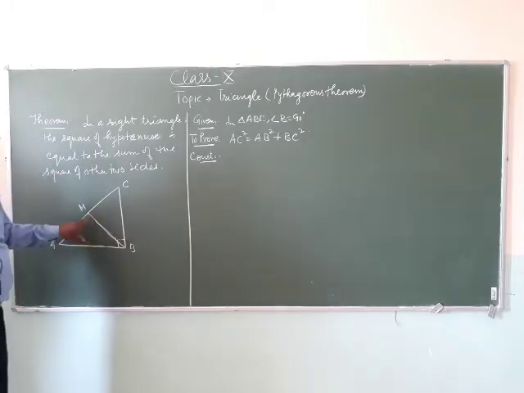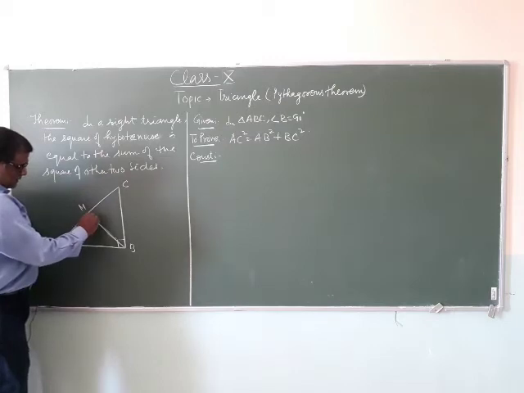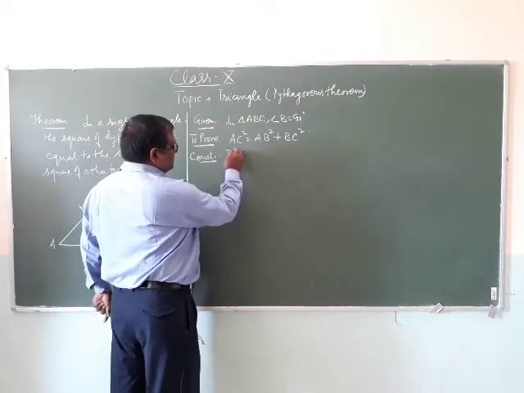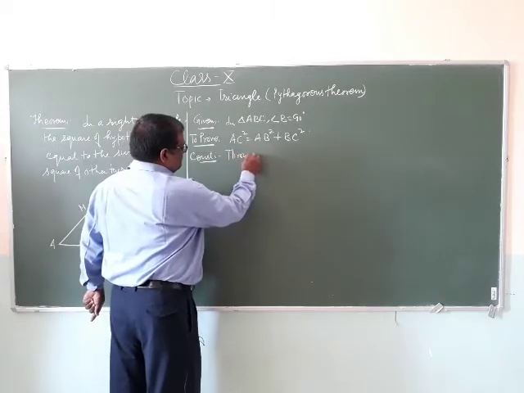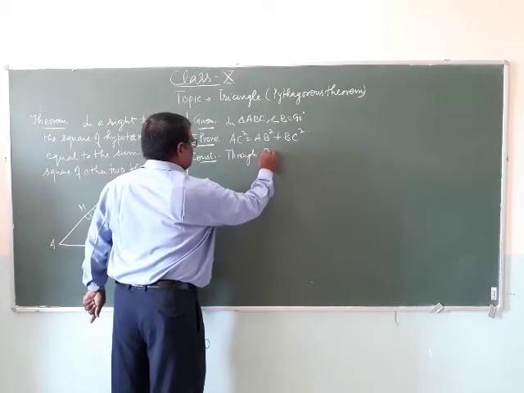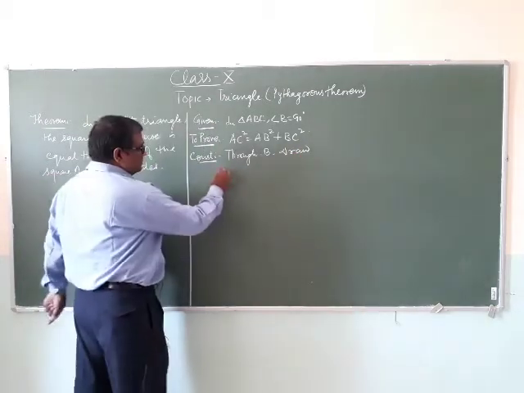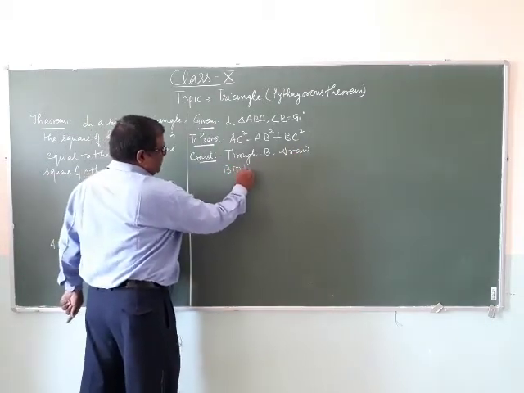That is, draw BM perpendicular on AC. This is 90 degrees and it is drawn through B. Draw BM perpendicular on AC.